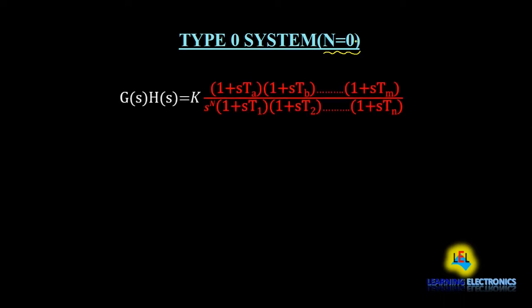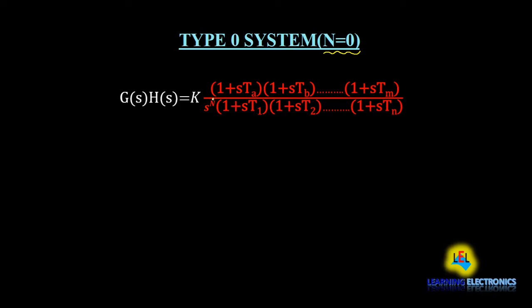So, this is the equation of the open loop transfer function of the system G(s)H(s), which is equal to K into (1 plus sT_a) into (1 plus sT_b) multiplied up to (1 plus sT_m), whole divided by s to the power capital N into (1 plus sT_1) into (1 plus sT_2) multiplied up to (1 plus sT_n).